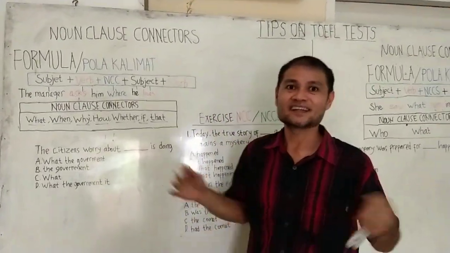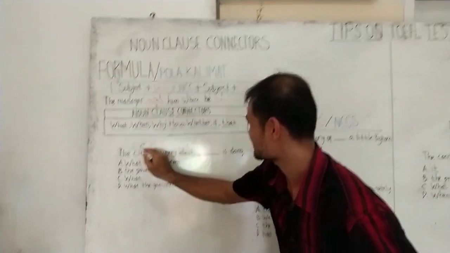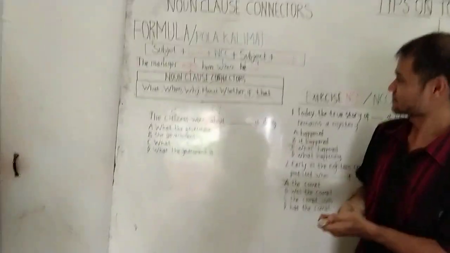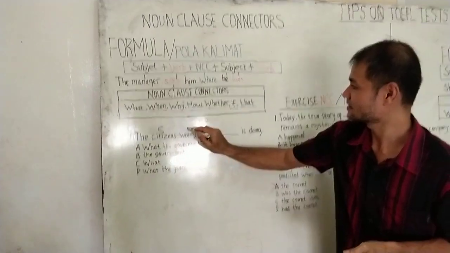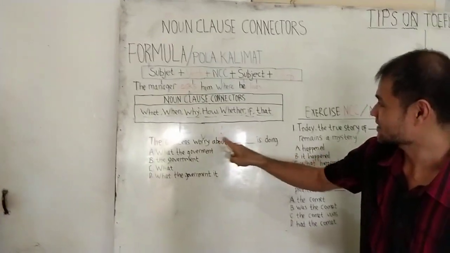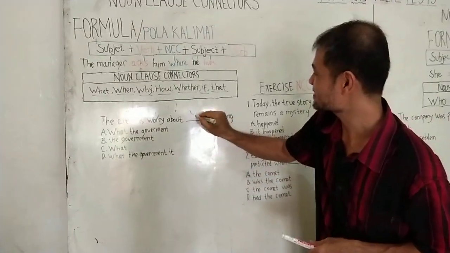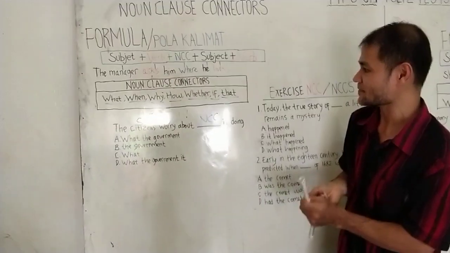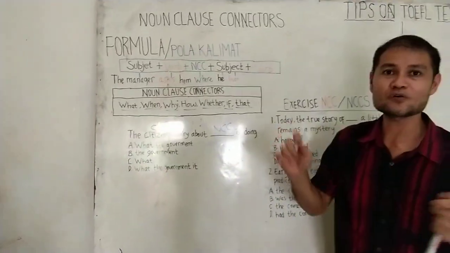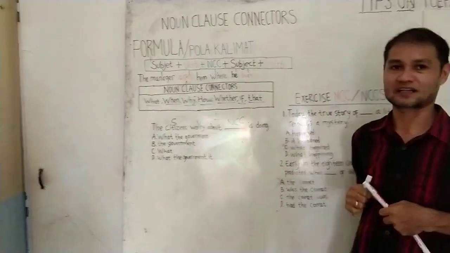Let me analyze with you. The citizen is subject, worry, verb. After verb, blah blah blah here is, yes, NCC. Now, you know what is missing here, and you know what needs to be filled here.